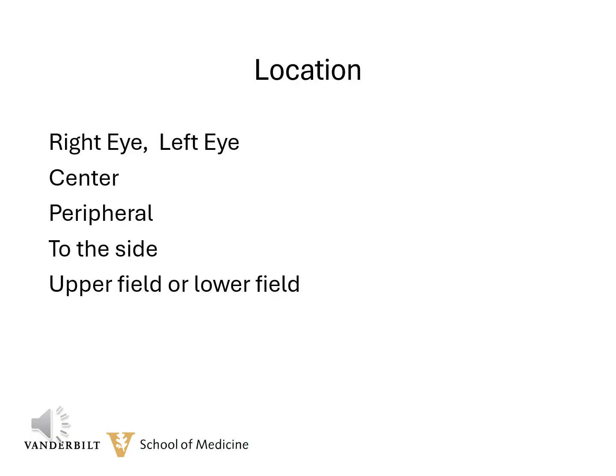So in the history, you want to see if you can find out where the blur is. Different diseases will give different spots in a particular eye, whether it's in the central vision or the peripheral. Sometimes they can't quite say, but they may say, I'm bumping into doors on my right-hand side, and that gives you an idea that the vision to the side is down. I've had several people come in and say, well, when I'm driving, I can see the car in front of me, but I can't see the signs up front, up top.